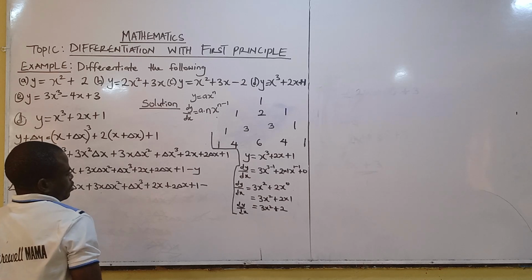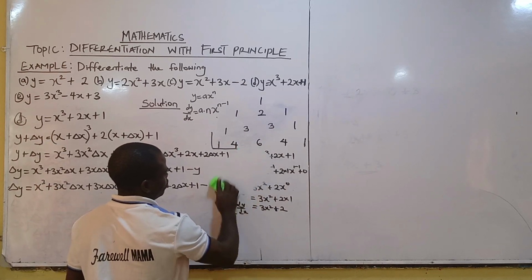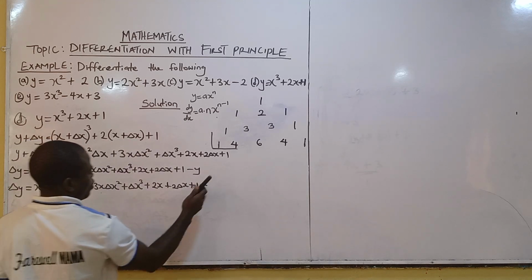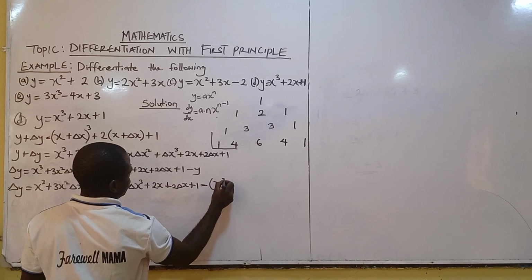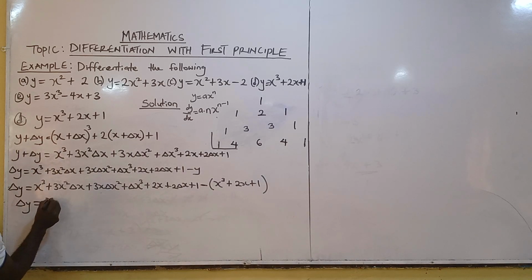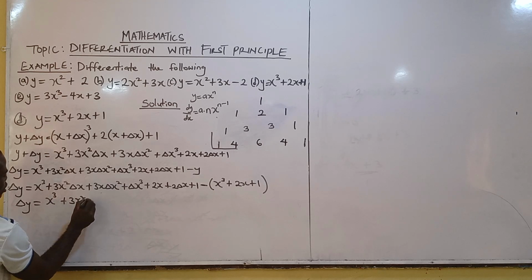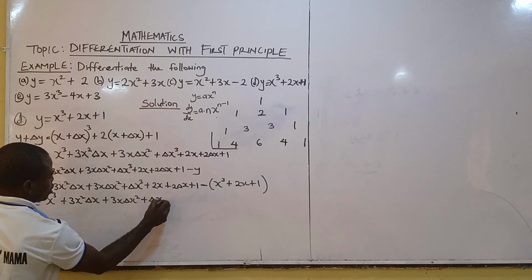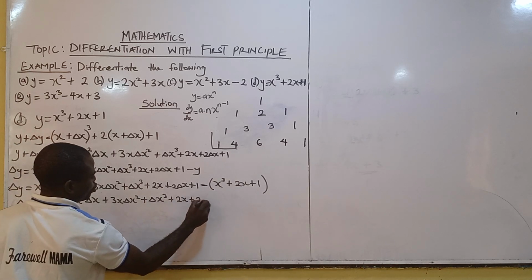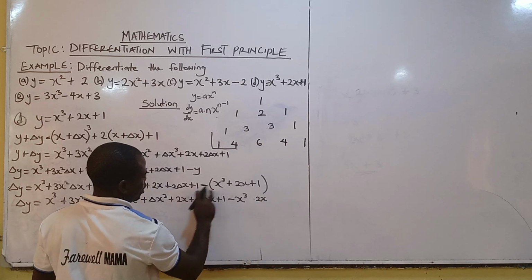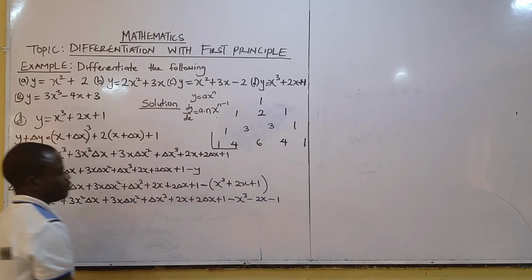What's our y? Our y is x raised to power 3 plus 2x plus 1. dy equals x raised to power 3 plus 3x squared dx plus 3x dx squared plus dx raised to power 3 plus 2x plus 2 dx plus 1 minus, in brackets, x raised to power 3 plus 2x plus 1.